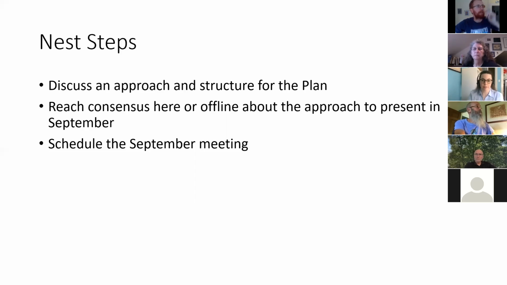So what I can see is two things. First, to this group, we can send out a doodle poll for scheduling a time, probably in late August or early September, for having that collaborative gathering, just to get your availability first, and we'll schedule that meeting.